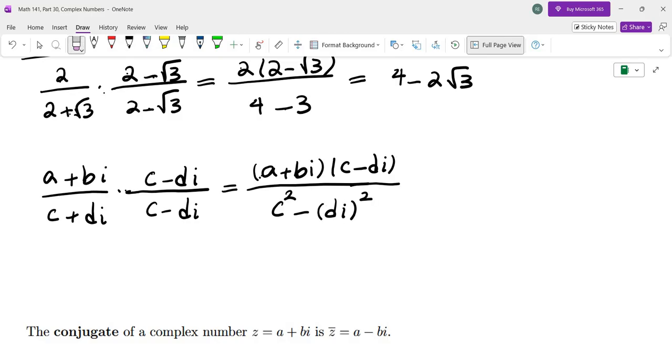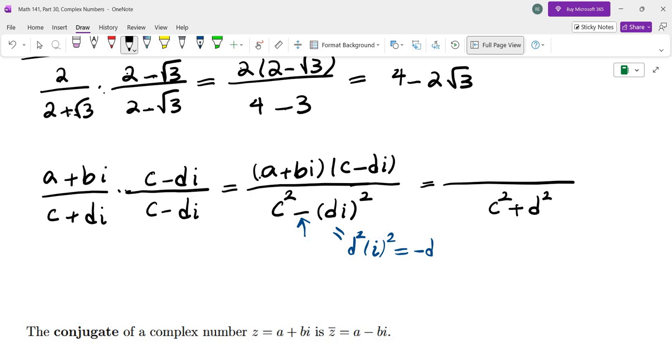Well, (di) squared is d squared times i squared, and i squared is -1, so that's -d squared, and there's a negative sign here as well, so we get c squared plus d squared at the bottom, and in the numerator we are multiplying a plus bi and c minus di, and that can be done by the distributive property.